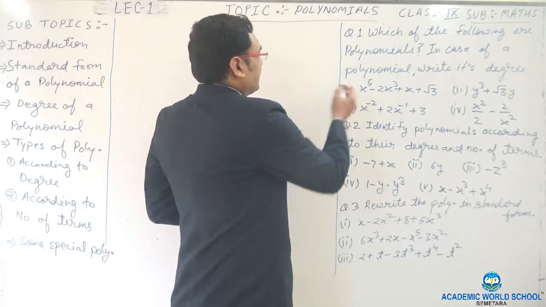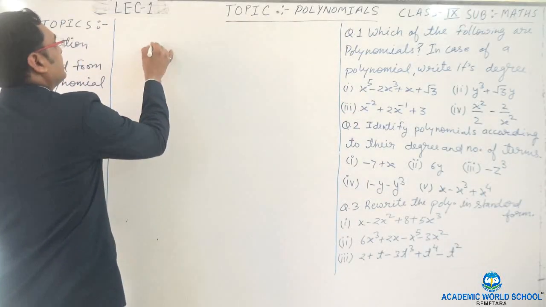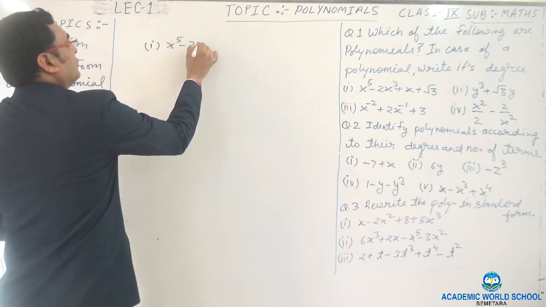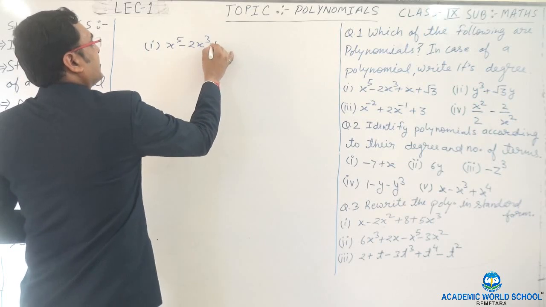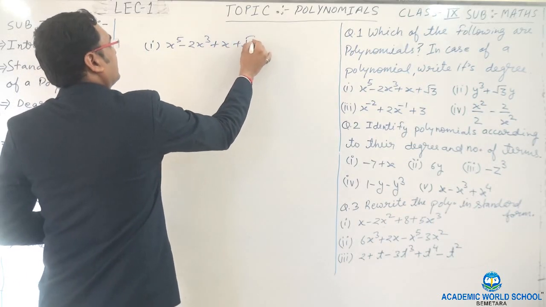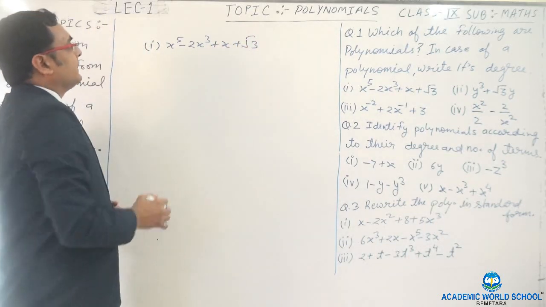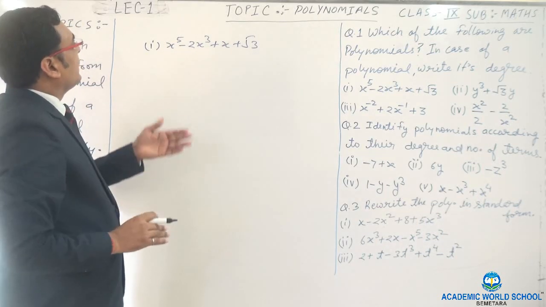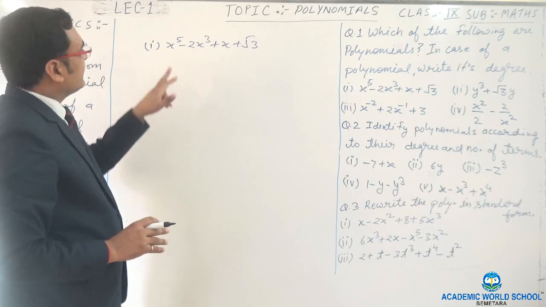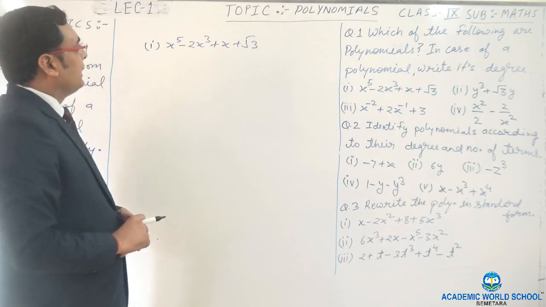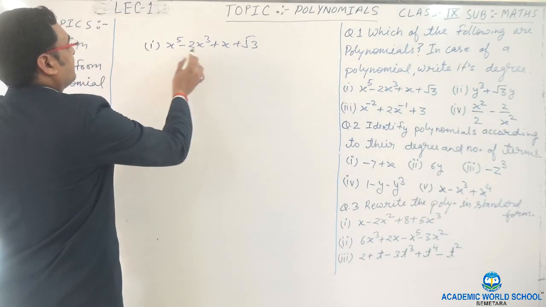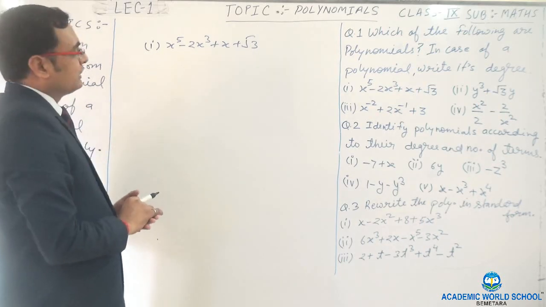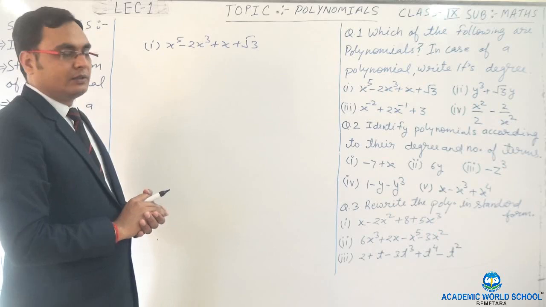So look at the first example. It is x to the power 5 minus 2x cube plus x plus root 3. Here we have 4 terms. It's not a problem. One variable, x, we have in all the terms, and the highest power of the variable is 5. So degree of this polynomial will be 5.